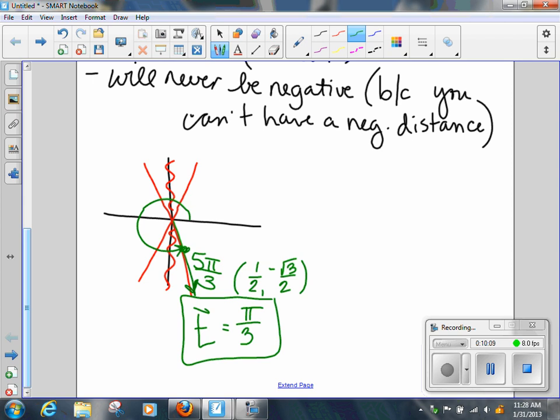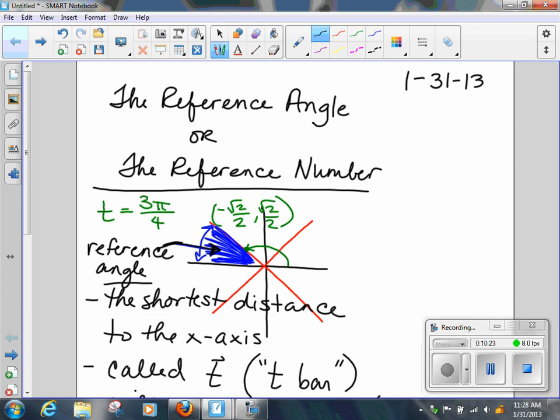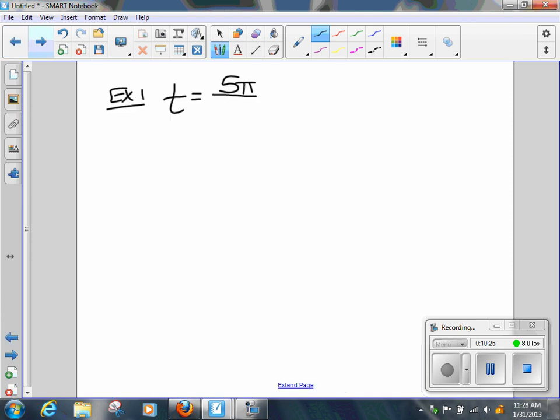All right, so let's take this a step farther. Now we're looking at the angle 5 pi over 6. I want to know what t-bar is.